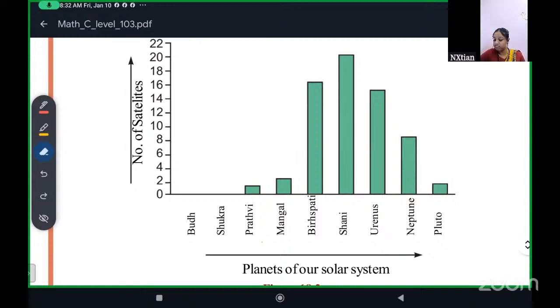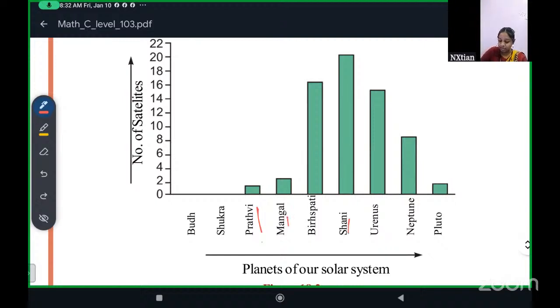So, I don't know if they have given valid data here or it's just given as an example. Ma'am, Earth should have the most satellites, because people live on Earth and they need satellites. Yeah, so this is Prithvi, this is Earth. This is Saturn.